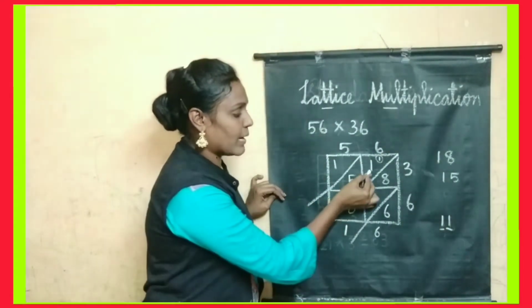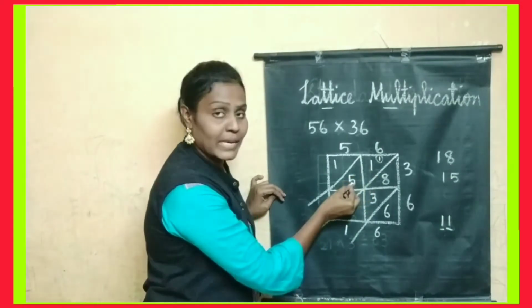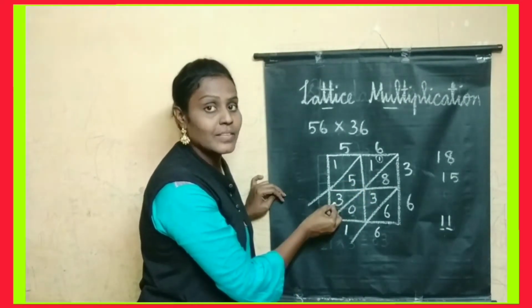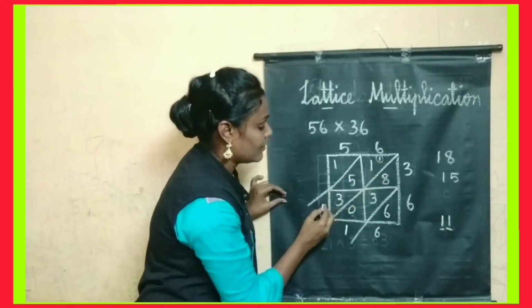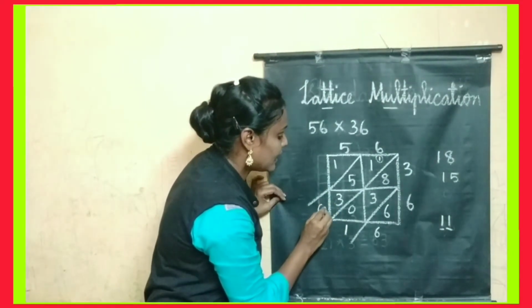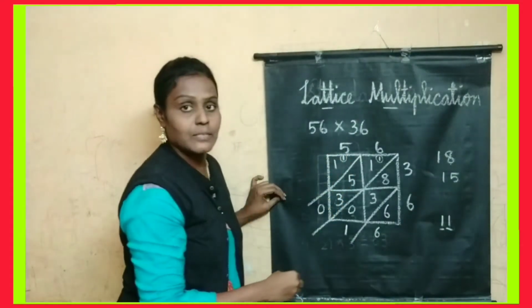Here we have 1, 5, 3. 1 plus 5? 6. 6 plus 3? 9. 9 plus 1? 10. 10 is a 2-digit number. So, write the ones here and carry over the tens to the other part.